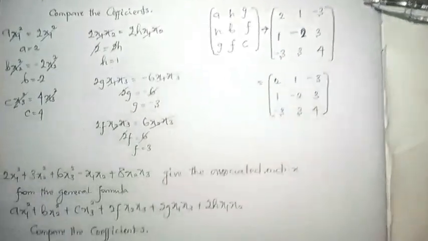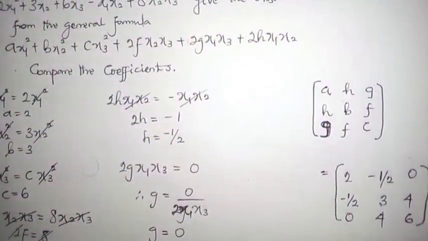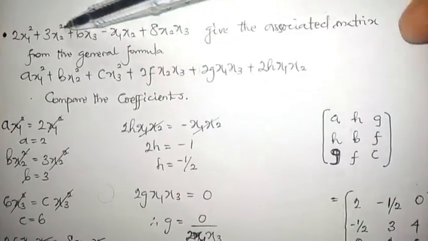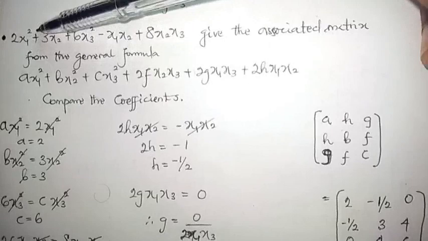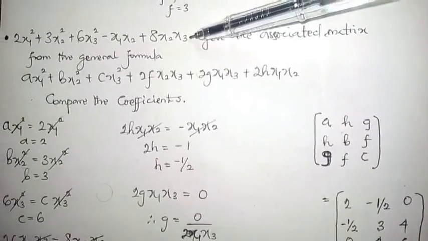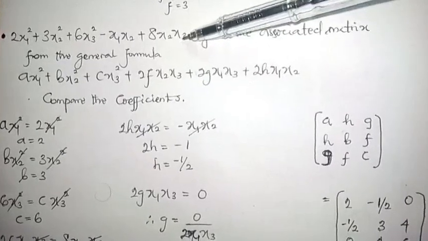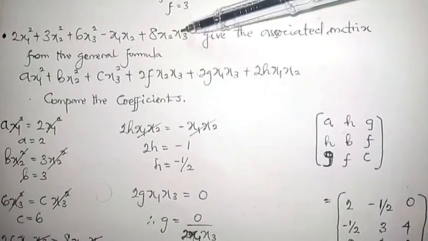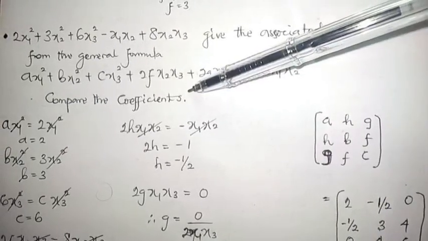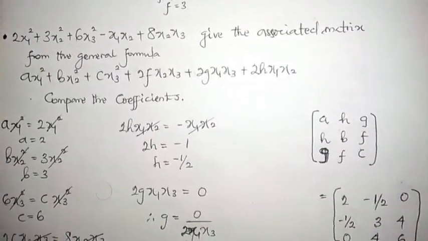Then we move to a new question. Now for this question, we are looking at a matrix 2x1 squared, all of this, to give the associated matrix of this equation. So we get to also look at comparing the coefficients with the general equation.